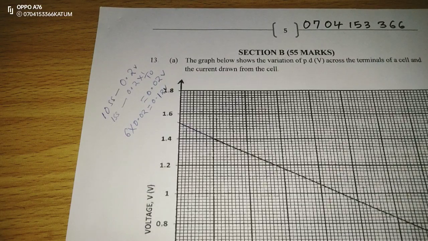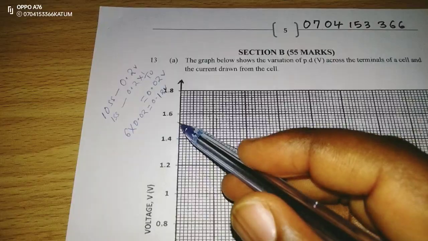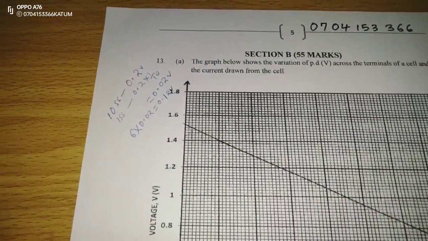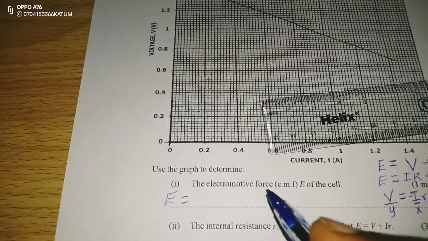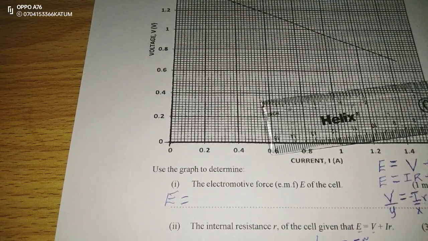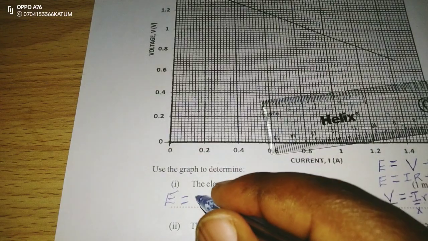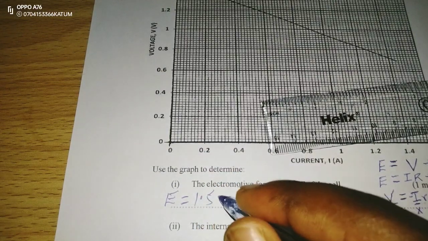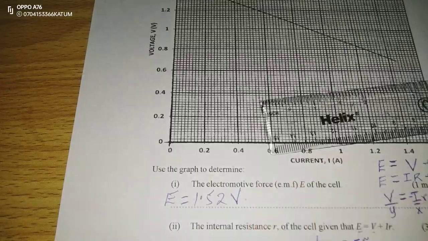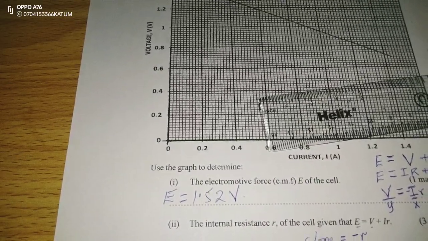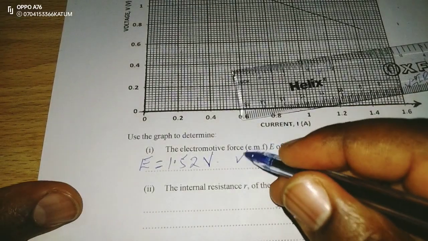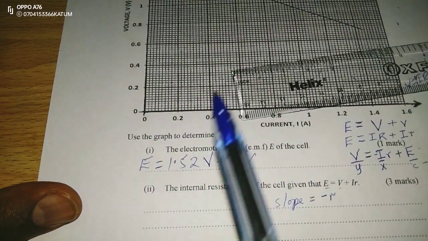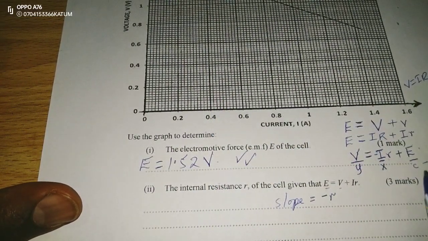Therefore, from 1.4 we had 0.12, and when we take 1.4 plus 0.12, we're going to get 1.52 volts. So that is the electromotive force, the EMF of the cell, which is gotten by the vertical intercept in such a graph.